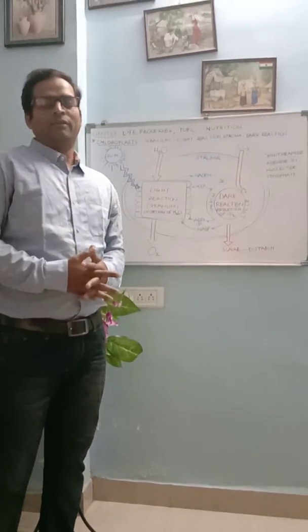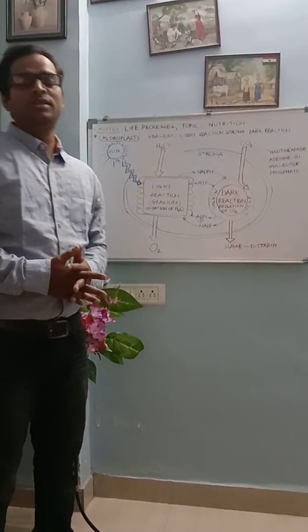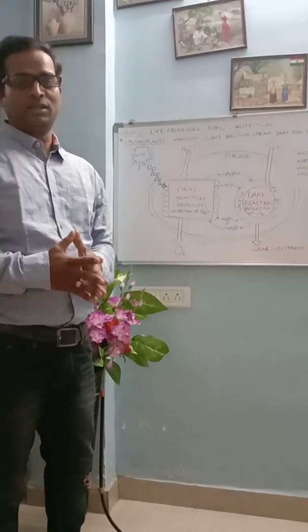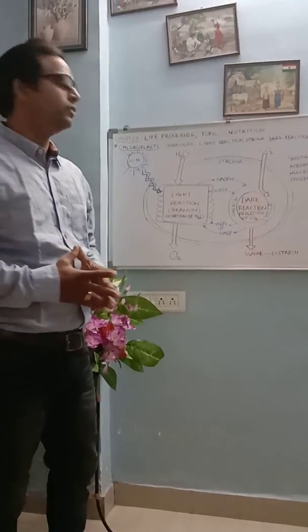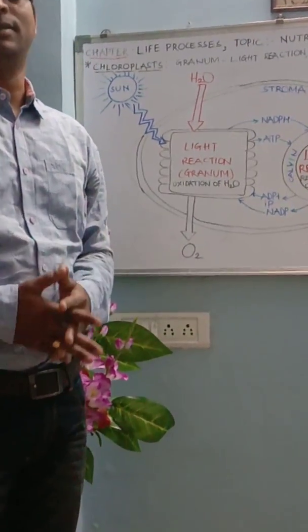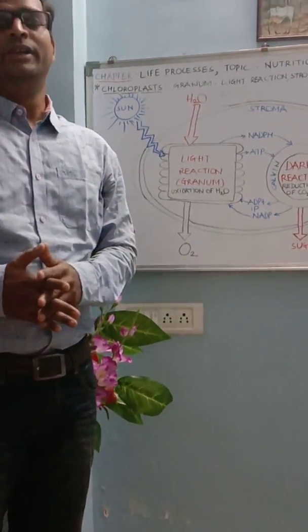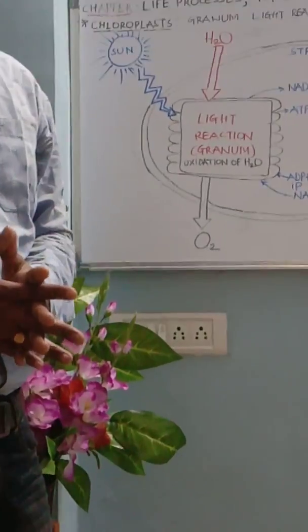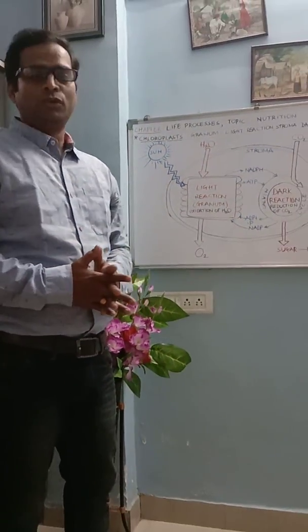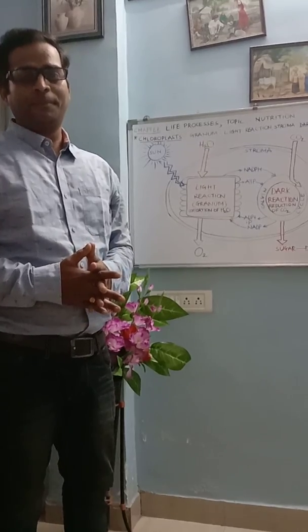So the whole phenomenon of photosynthesis occurs in one of the important parts or organelles of the plants, which we call chloroplasts, one of the types of plastids. Now the detailed structure of this chloroplast you have already discussed in your 9th standard. So you do not need to learn this structure in detail.